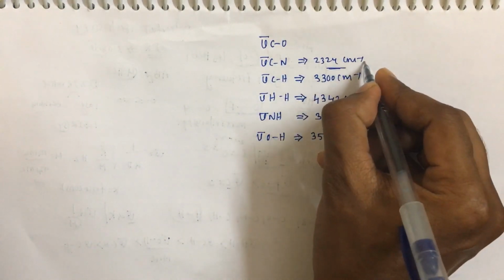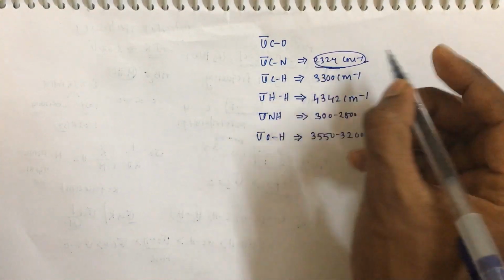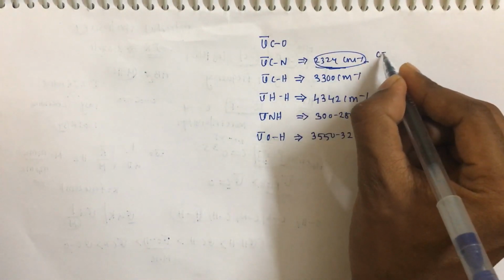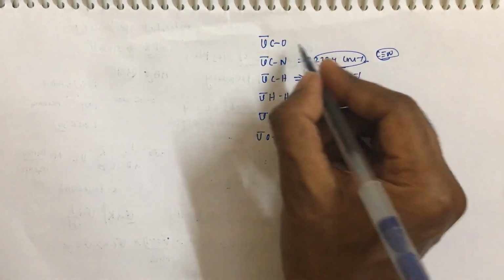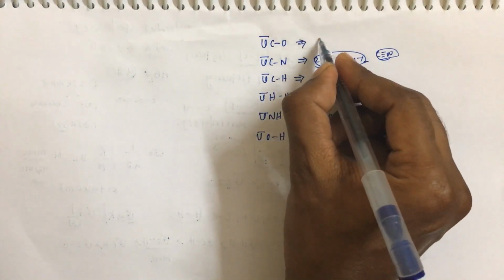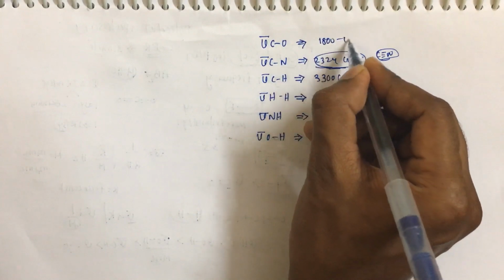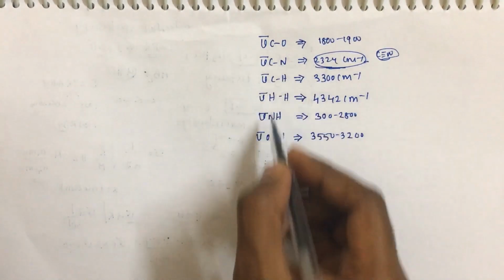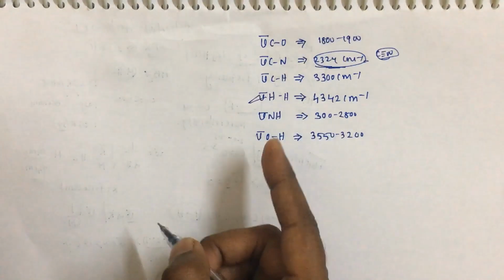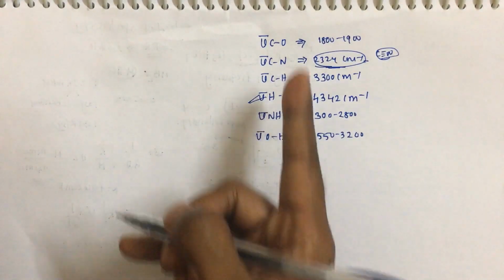For cyanide, we will see this absorption band under 1800 to 1900. So among all these, the HH stretching frequency is greater than the remaining ones.